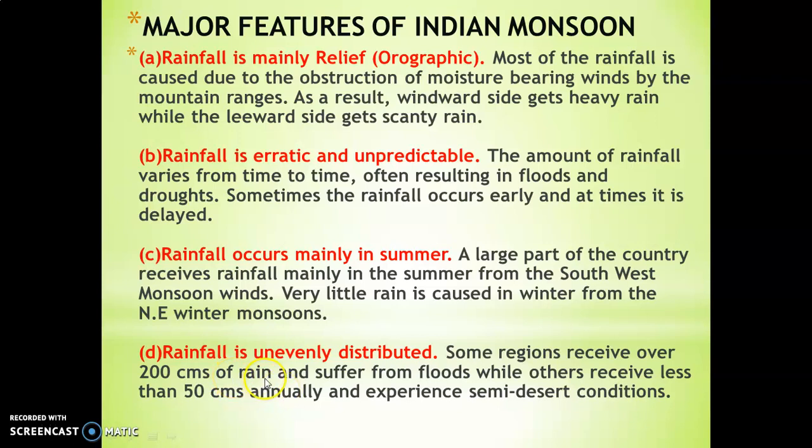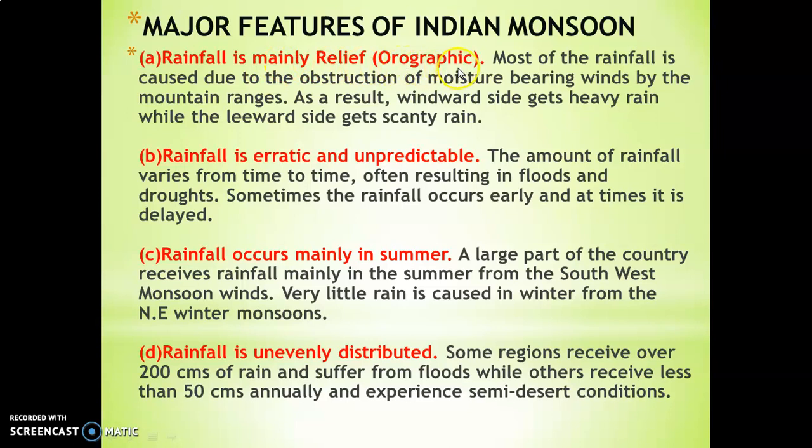For example, west part of Maharashtra, west part of Karnataka, Mawsynram, near Cherrapunji in Meghalaya, receive heavy rainfall. Sometimes these parts suffer from flood, and other areas like West Rajasthan receive very little rainfall, less than 50 centimeter. As a result, desert conditions occur in those areas.